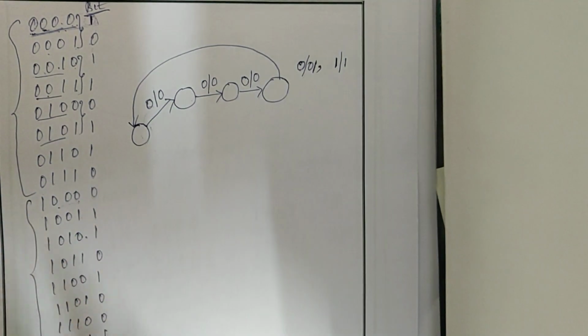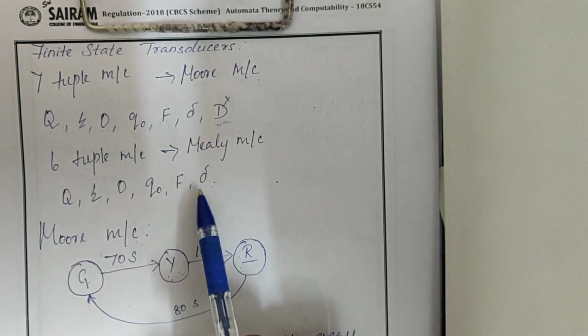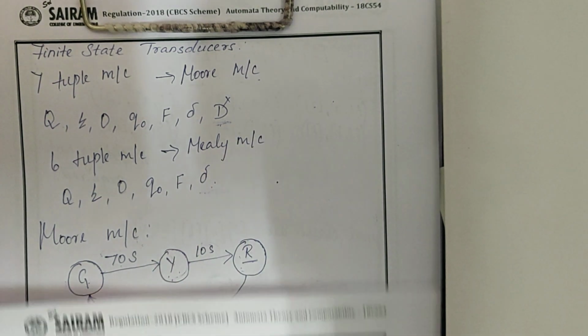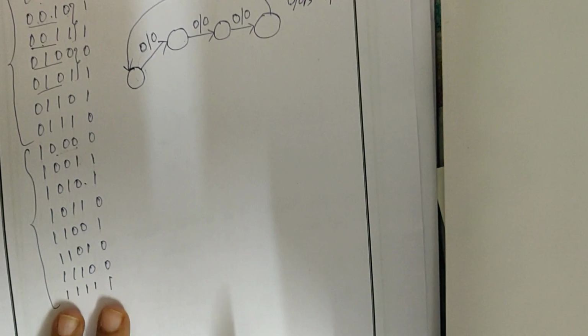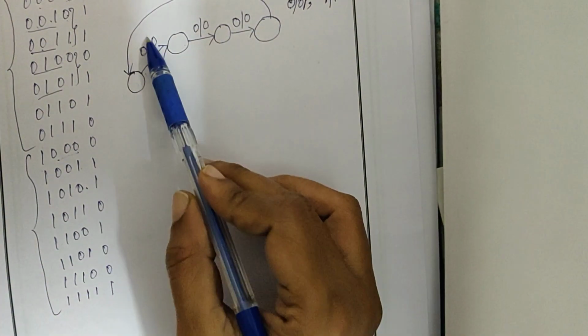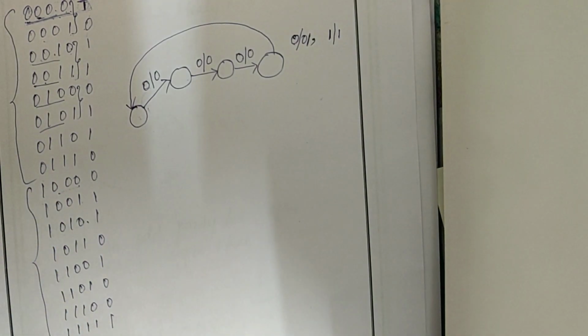So Mealy machine representation is a little different from Moore machine. In a Moore machine I have this display function, but here in a Mealy machine I do not have the display function. So how will I represent the input and output? Separated by a slash. This is the representation of my Mealy machine.